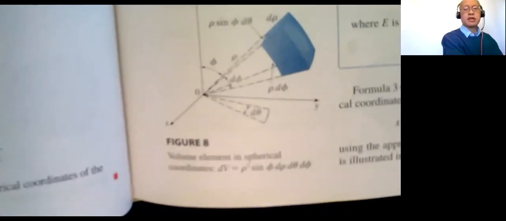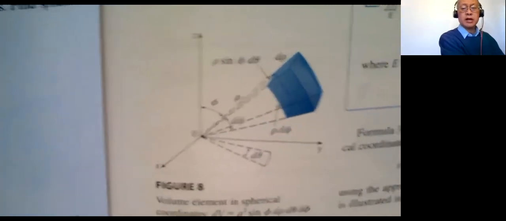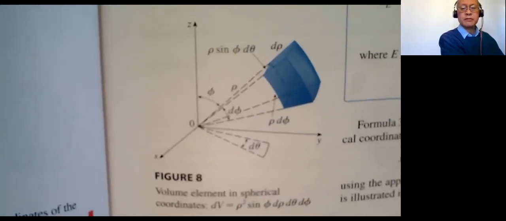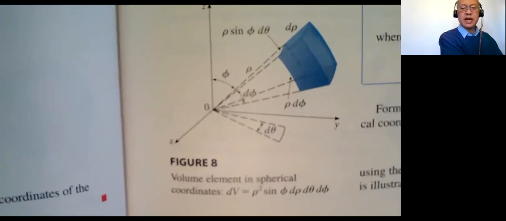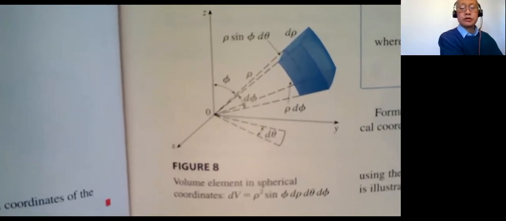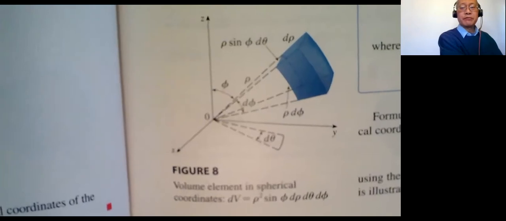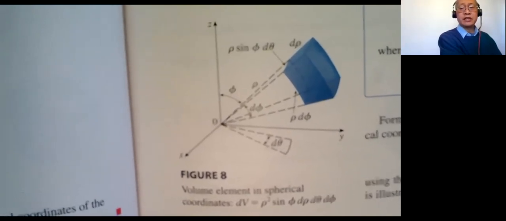Not sure I'm going to go over all the details of it. This picture might be a little bit better. You see there's a d rho, tiny change in rho. Down at the bottom, you see d theta. So going up above, that piece there that says rho sine phi d theta, that's the length of that piece there.